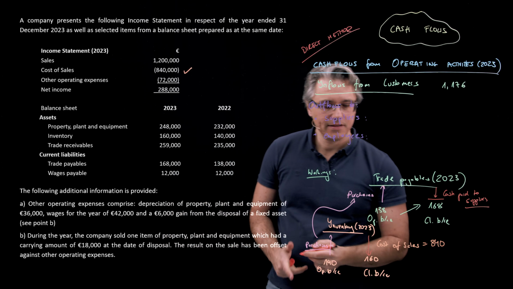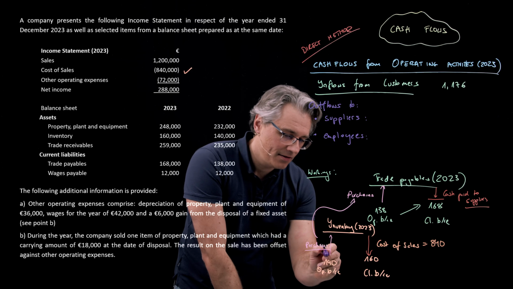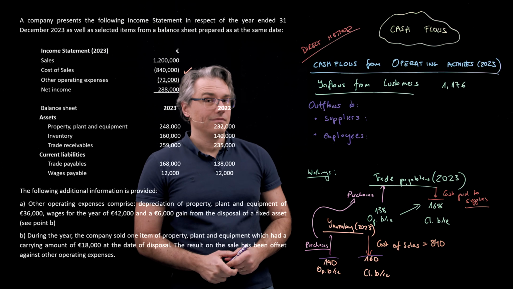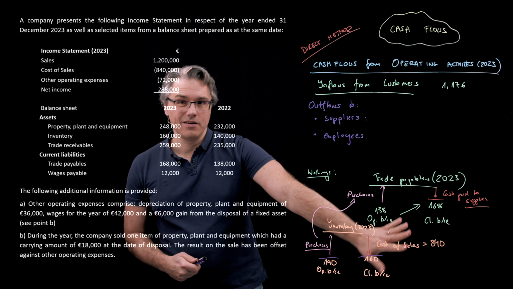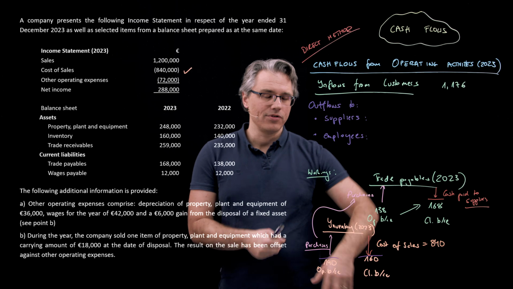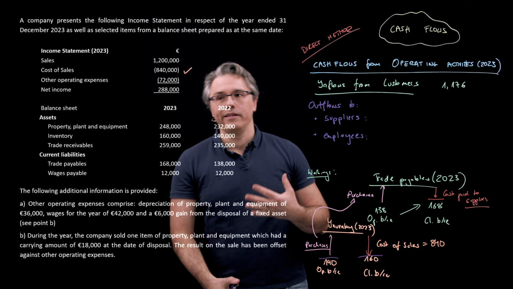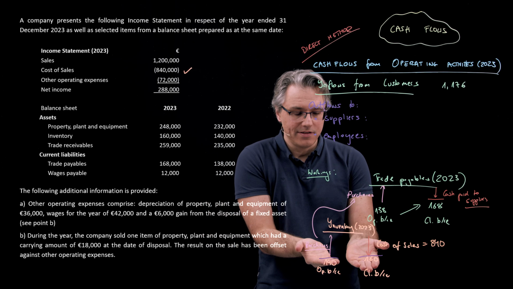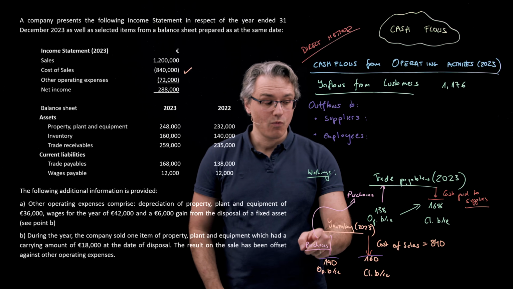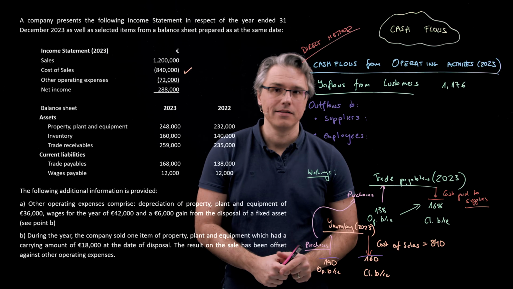And now I can easily calculate my purchases. If my inventory started at 140, finished at 160, and during the year I sold items to clients which had cost me 840, so this is how much was taken out of inventory, the only way in which we're going to experience this year-on-year growth is if our purchases were higher by 20 than the cost of sales.